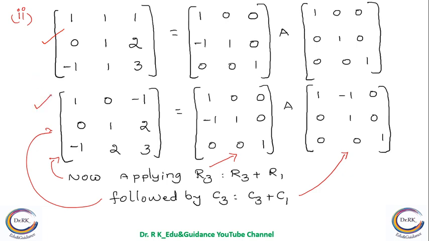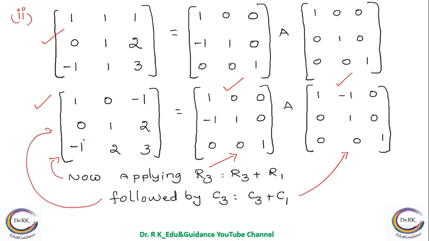I think you can work it out. Whenever the operation is completed, row followed by column, then immediately whatever matrix we get here should be the transpose of the one on the other side. That is one check when we try to solve problems.